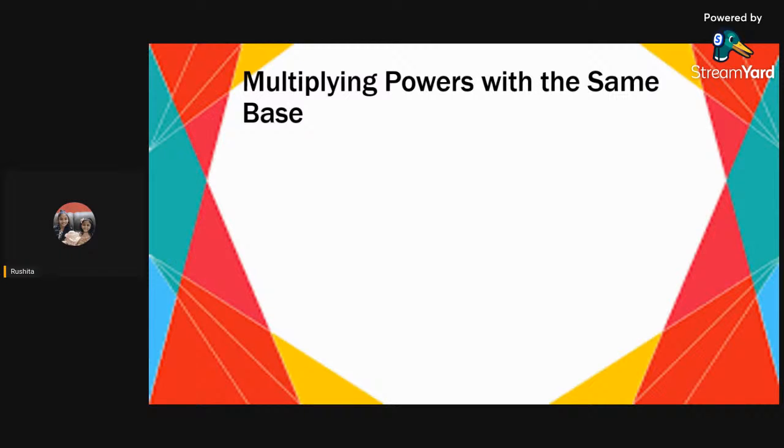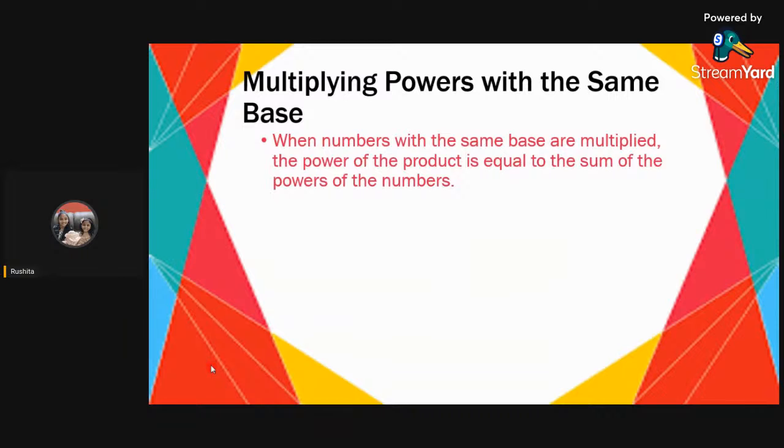Coming to that, first I'll explain to you the definition of it. When numbers with the same base are multiplied, the power of the product is equal to the sum of the powers of the number.